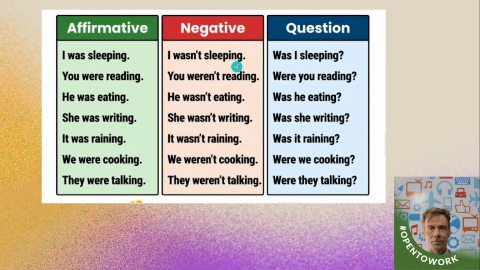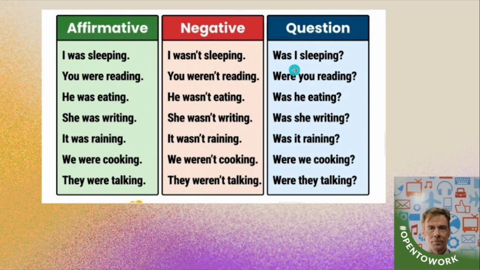To make the negatives, we use not after the verb to be, usually contracted to wasn't or weren't. I wasn't sleeping, you weren't reading. And to make questions, we reverse the verb and the subject. If you use a question word, it comes before the verb to be.